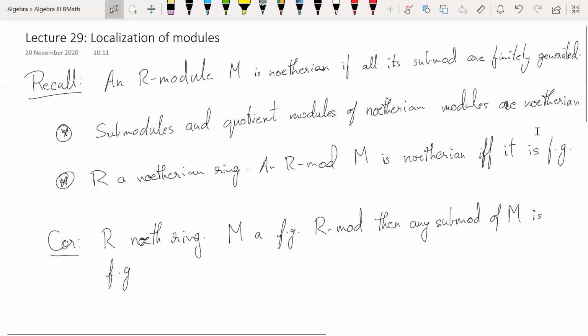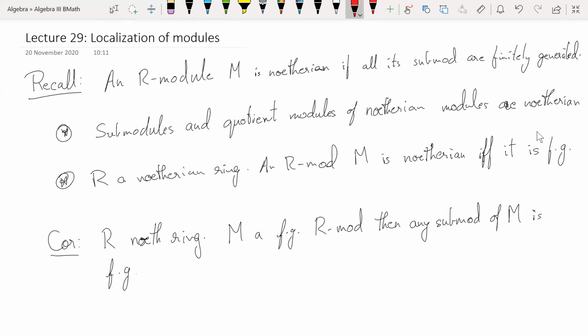Okay, so last time we talked about Noetherian modules and so on. Mostly Noetherian modules, and we saw some examples and some key results. Let's just recall that a module M is Noetherian.